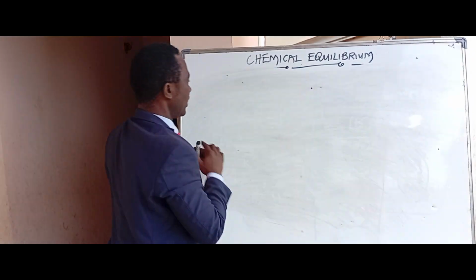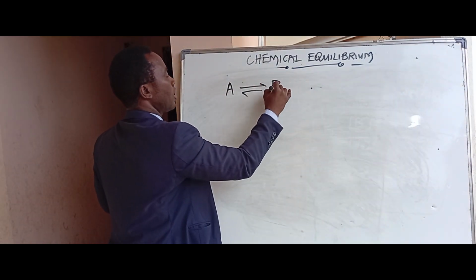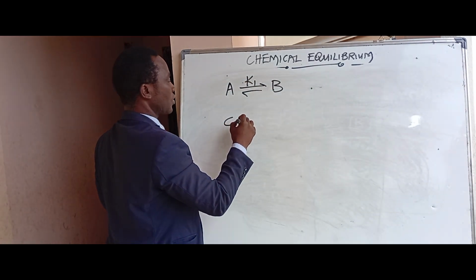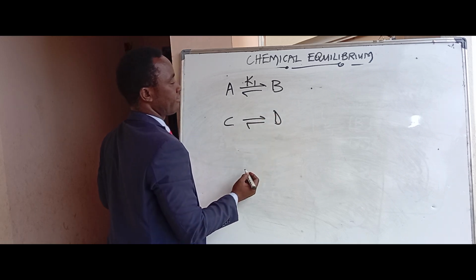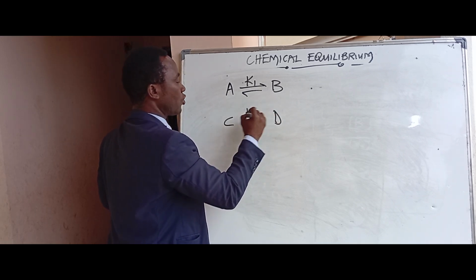Quickly, let's say we have A to give us B, and the equilibrium constant is K1. Then we have another reaction, C to give us D, and the equilibrium constant is K2.